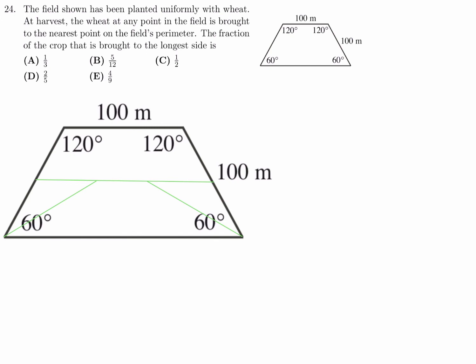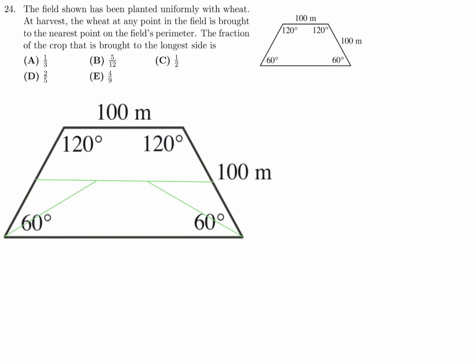So now, anything that is in this part of the field will always be brought to the longest side because that is the side that it is closest to. In contrast, if you had the wheat anywhere here, its closest side is the ones on the side. I think that's the challenge of the question, trying to figure out what this region looks like. Now that we have the region, we just have to figure out the area of this region and then divide it by the area of the full field.